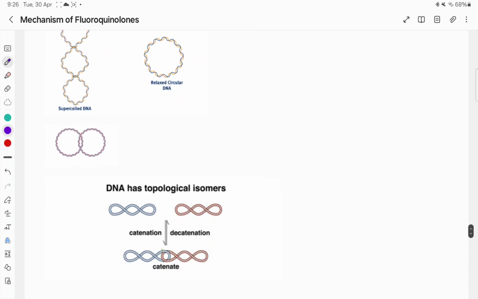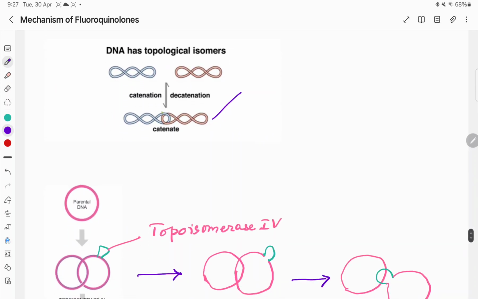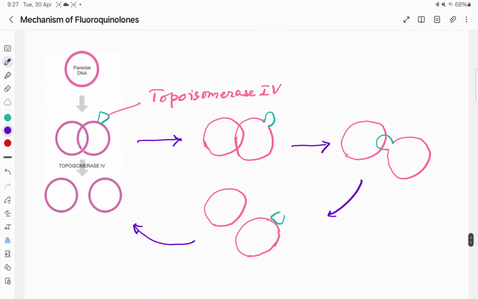When from one DNA we have two DNAs because of replication, these two DNAs may be catenated and we need to separate them, and that separation is done by topoisomerase 4.